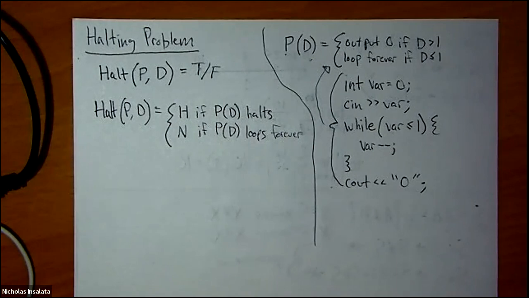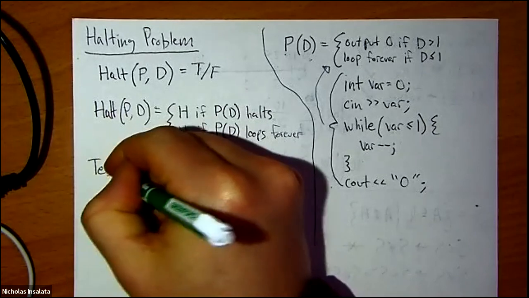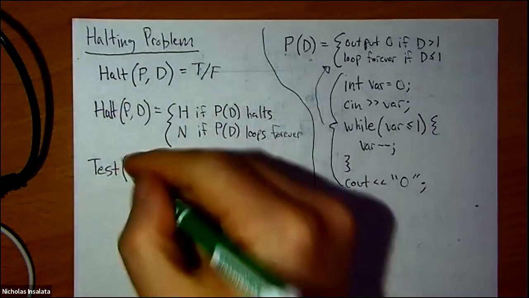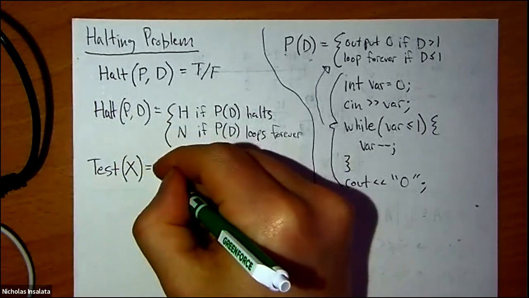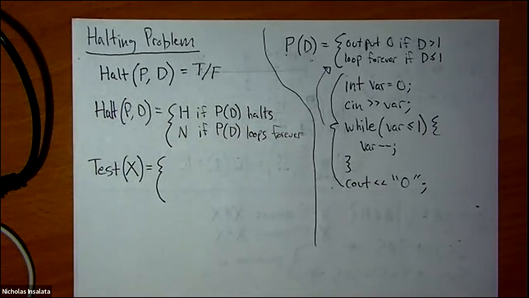Let me define another function for you. This one's called test. Okay, and the way that test is going to work, it's only going to take one input called x, and it's defined in terms of the halt function. So here's what it's going to do.